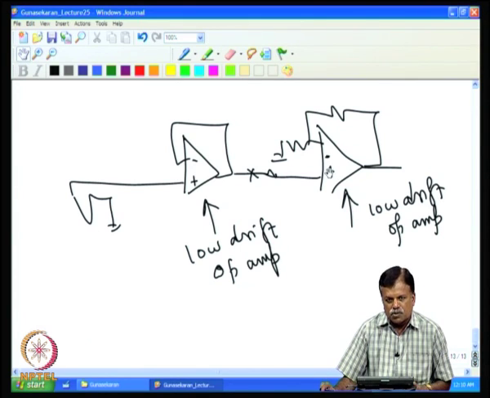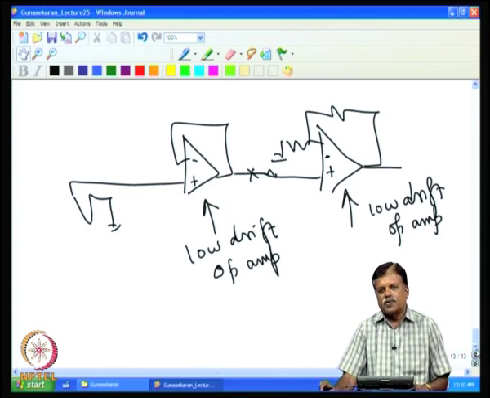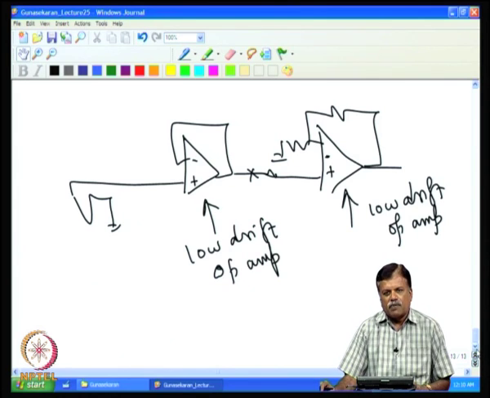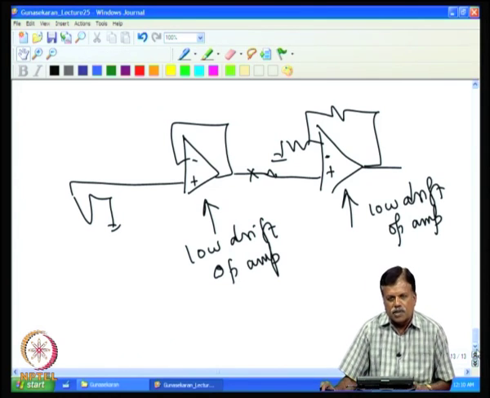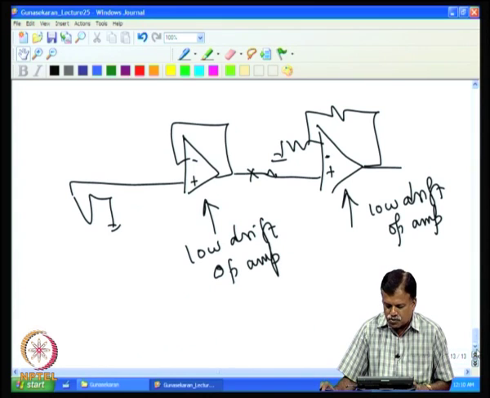So one has to be careful in looking for low drift op amps. One should be able to calculate for any given circuit the total error due to the offset voltage drift. This is an important spec.